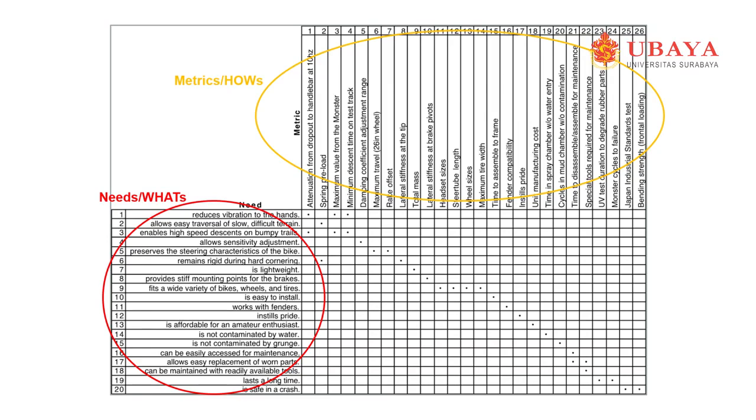It is something related to adjectives, and something that the product should fulfill for the customer. Metrics and hows are about how to fulfill it. And one most important thing is don't lose any need: make sure that all needs are connected to at least one metric.